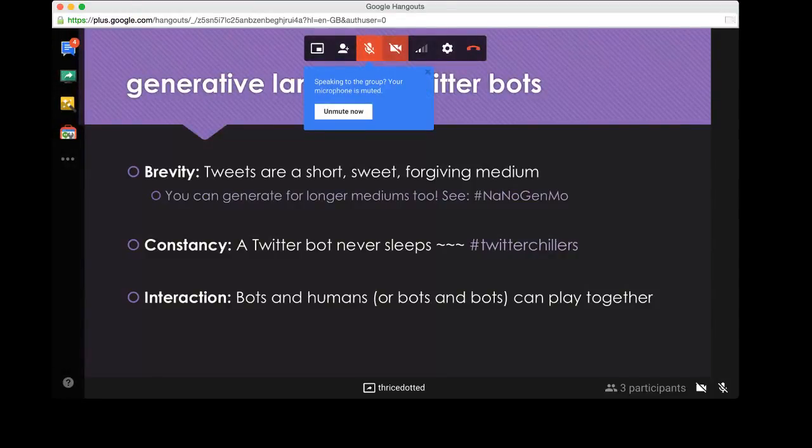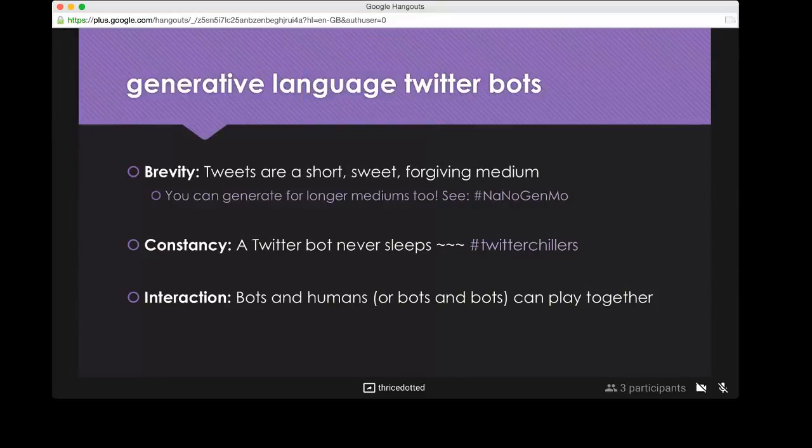And finally, there's also just this ability to interact with bots. I was a little bit wary putting this on the slide because most Twitter bots aren't designed as chat bots. They're really just designed to tweet some kind of language, or in the context of this talk, I'm talking about language. Of course, there are Twitter bots that tweet lots of other things.